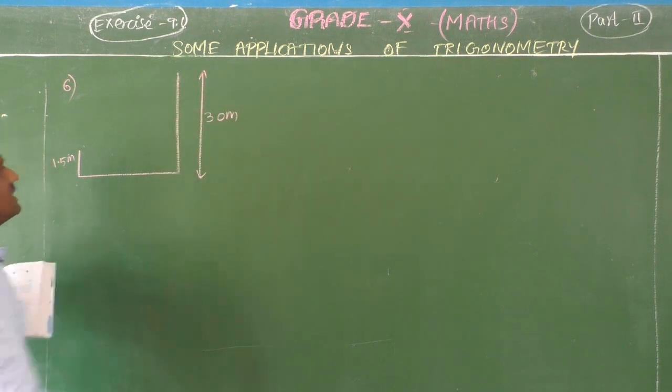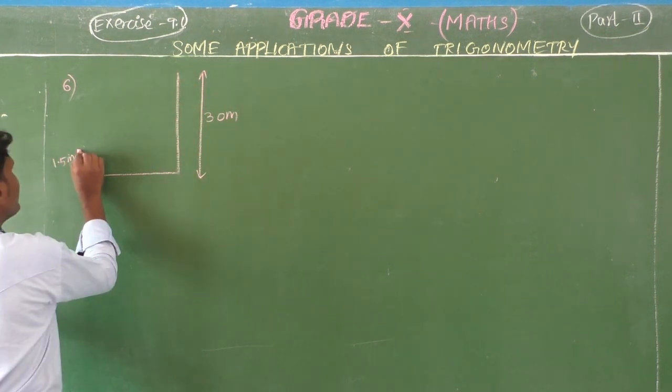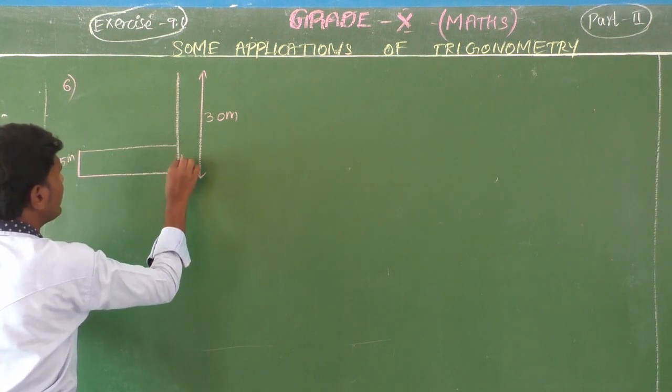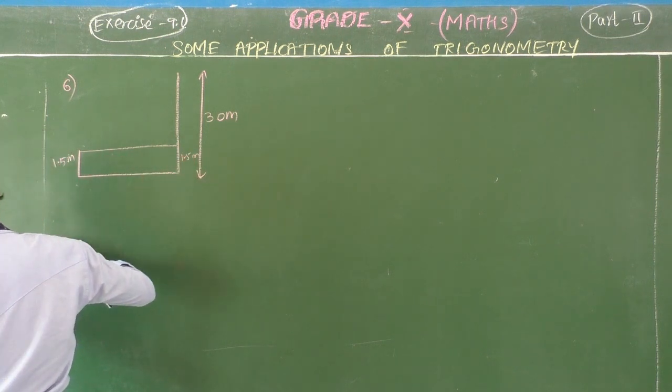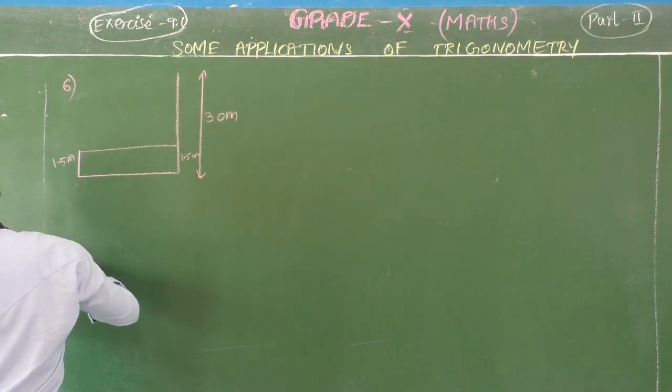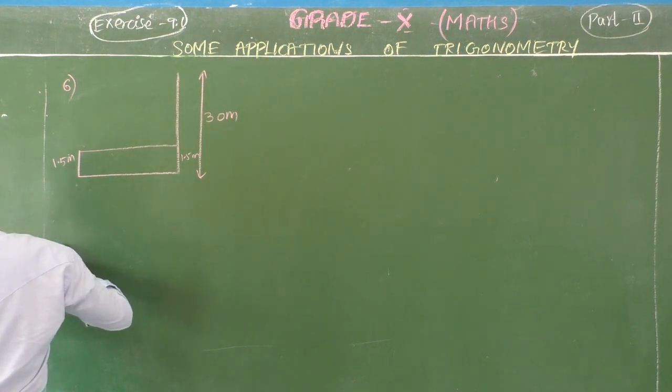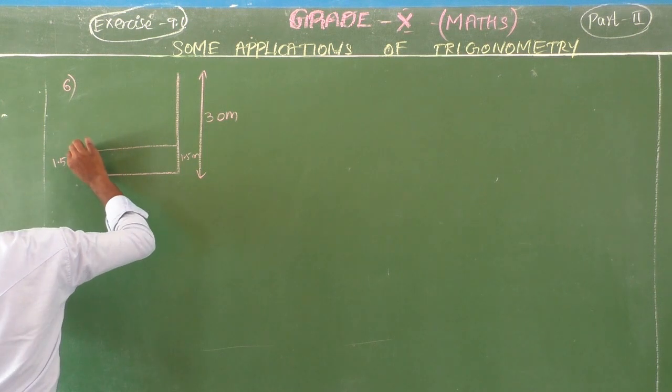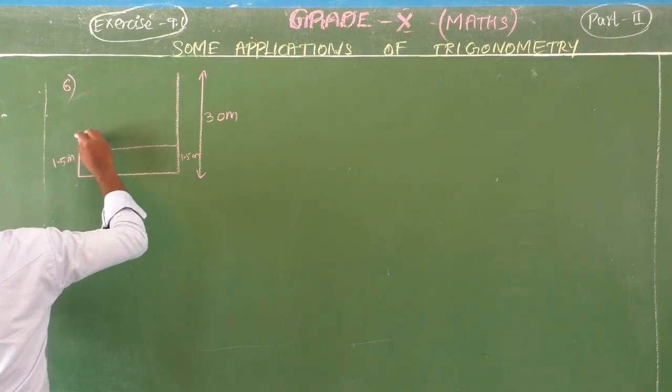The building is 30 meter tall. The boy, 1.5 meter tall, observes the top of the building. The angle of elevation from his eyes to the top of the building increases.